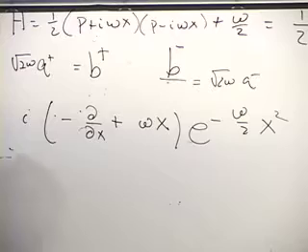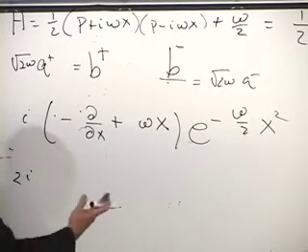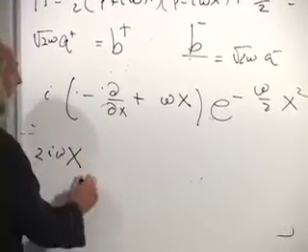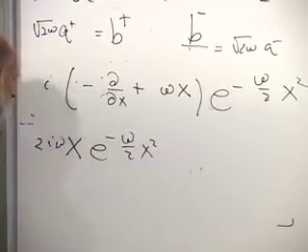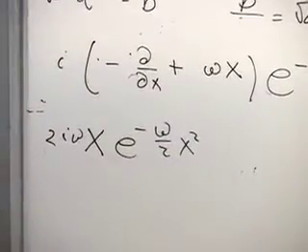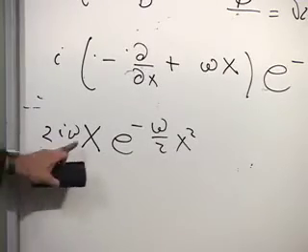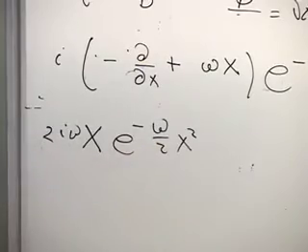Both of them give us omega x. So apart from constant factors, it's x e to the minus omega over 2 x squared. The factor of 2 and i and omega is just a multiplicative constant. The wave function looks like the Gaussian multiplied by x.